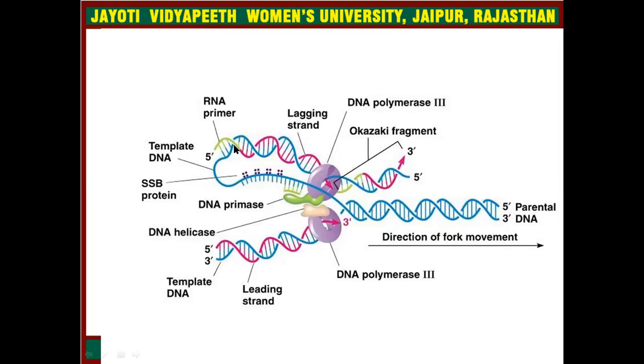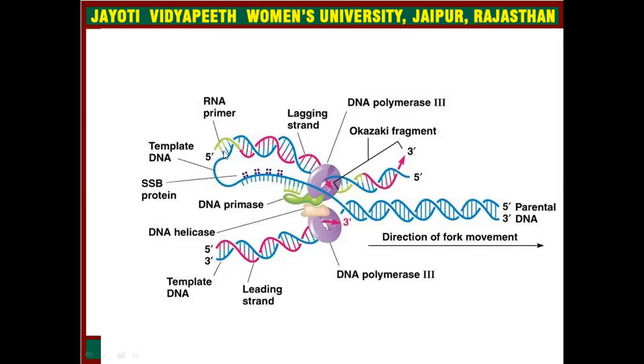Then DNA polymerase III will start to create the complete strand, and the direction of DNA replication will be 5' to 3'.